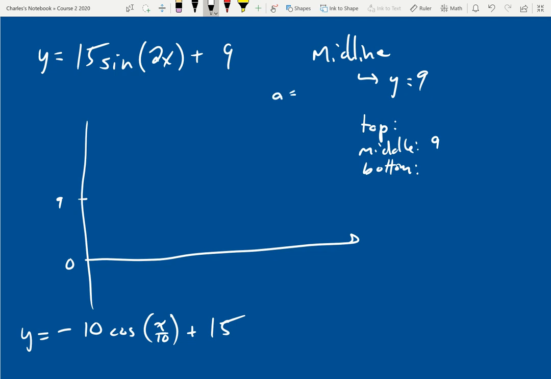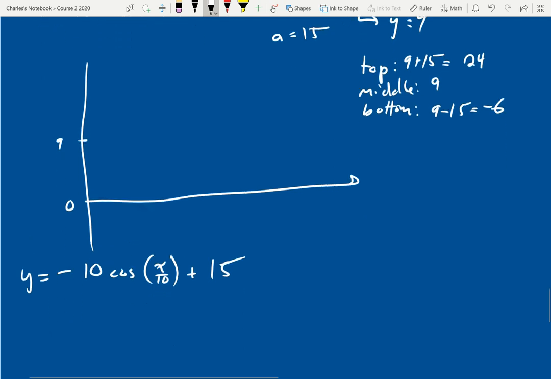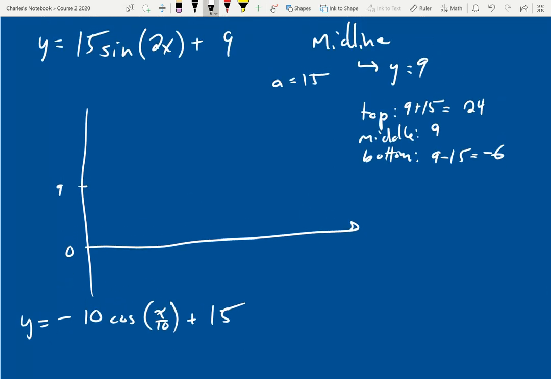Since its amplitude is 15, its top is going to be at 9 plus 15, which is 24. Its bottom is going to be at 9 minus 15, which is -6. So I'm going to put, let's say here is 24. Let's say here is -6.